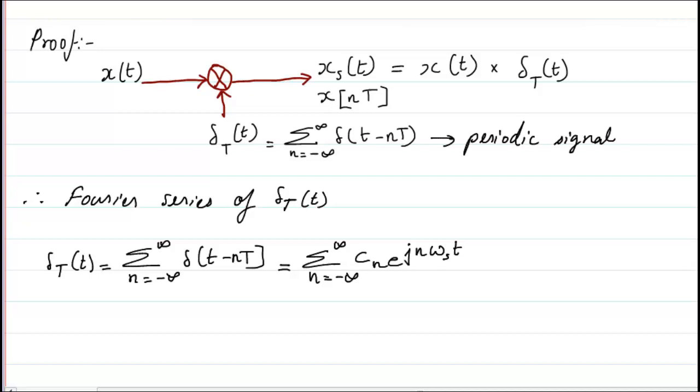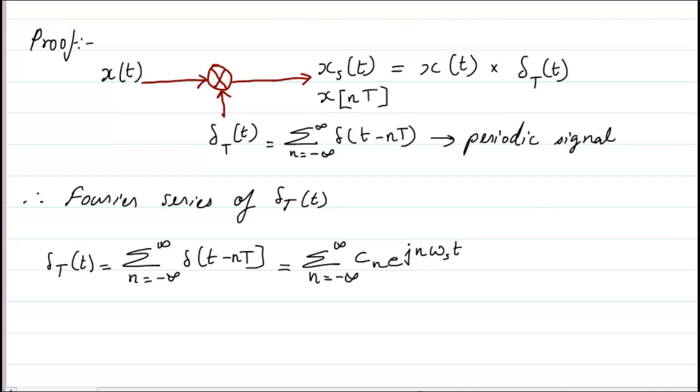If you remember, omega_s is related to the periodicity, and here the periodicity is capital T. So omega_s will be equal to 2 pi divided by T. Okay, that is something we have already studied in Fourier series. That's why here we have written omega_s, where s represents sampling. In the previous case you might not have seen s, but here we are writing s because of the sampling issue.